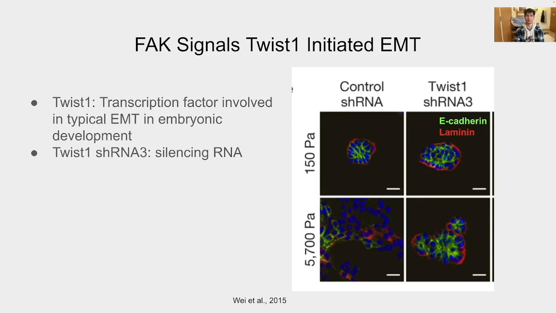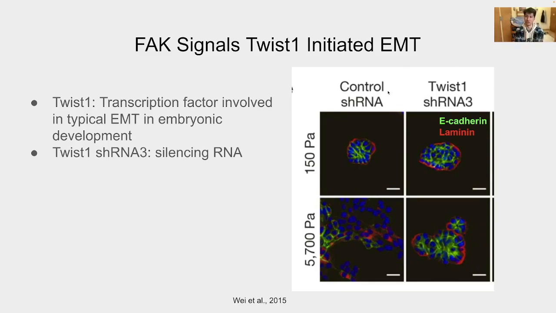So they did a similar setup to Levental et al., where they cultured the mammary acini in a stiff gel, but this time they also treated these cells with either a control RNA, which did nothing, or a TWIST1 silencing RNA, which would inhibit TWIST1 activity.